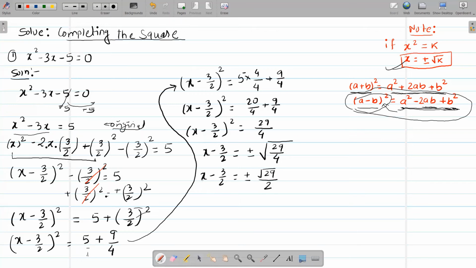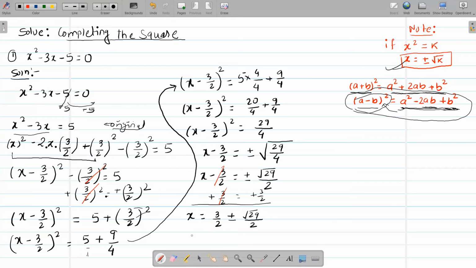Now to find x, we add plus 3 over 2 both sides. When you add plus 3 over 2 both sides, the minus 3 over 2 and plus 3 over 2 cancel out, so we are left with x is equal to 3 over 2 plus or minus square root 29 over 2.